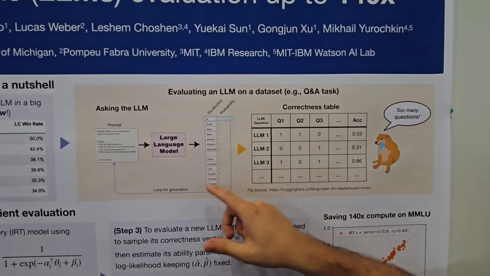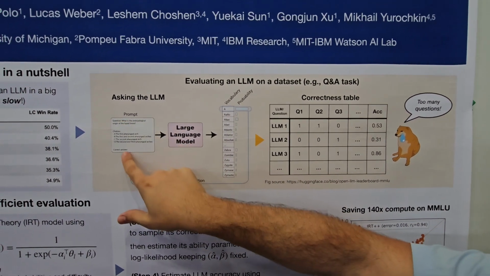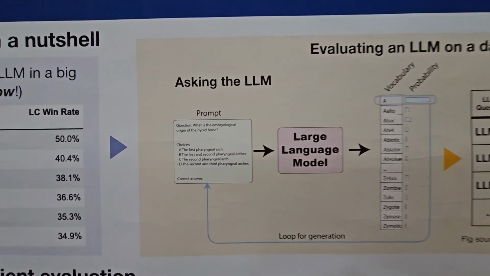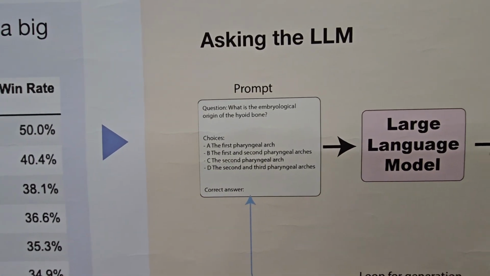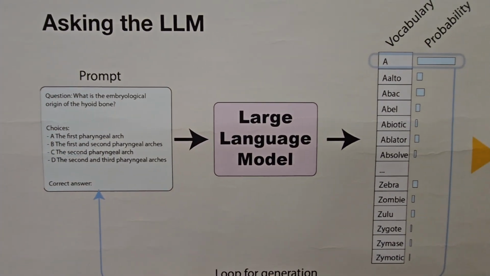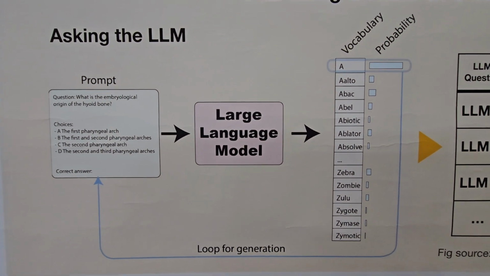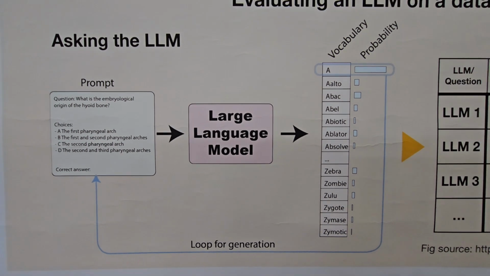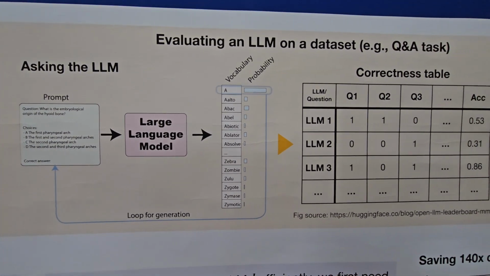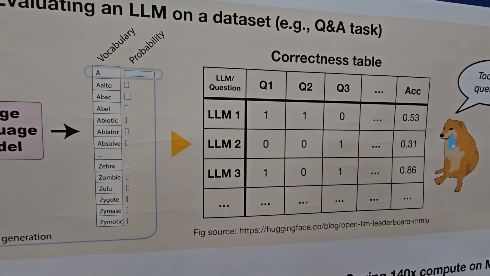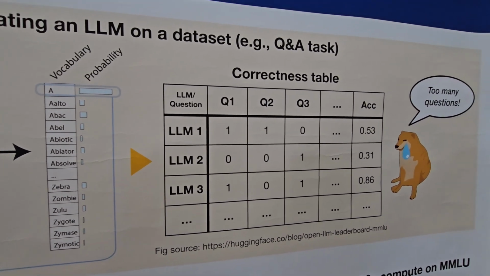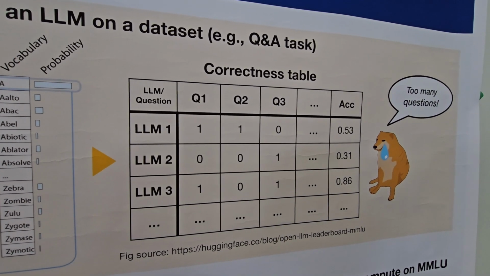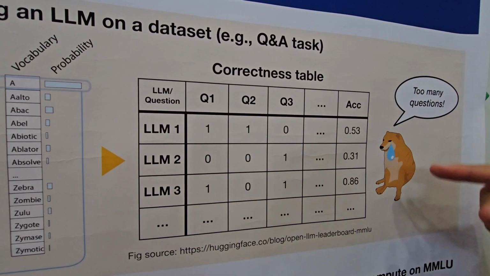Usually we give a prompt with a question to the LLM, and the LLM gives some response. Here we have a biology question. The model gives a response, and then we can see if the model gets the question correct or not. If we do this with many LLMs and many questions, the data we get is a table like this.